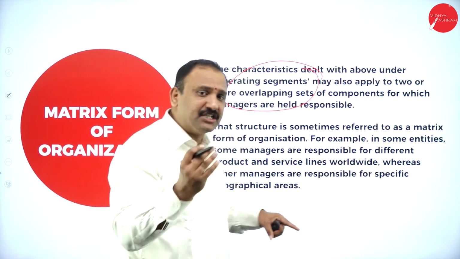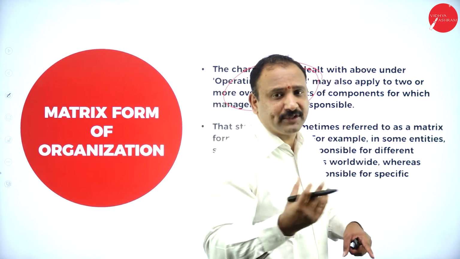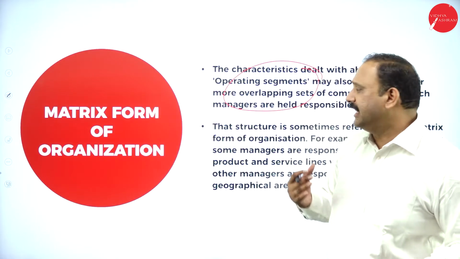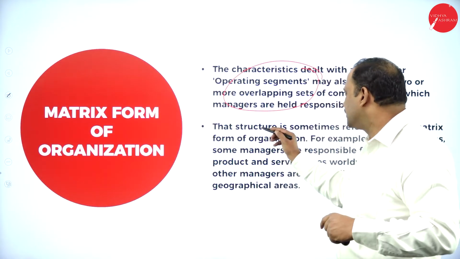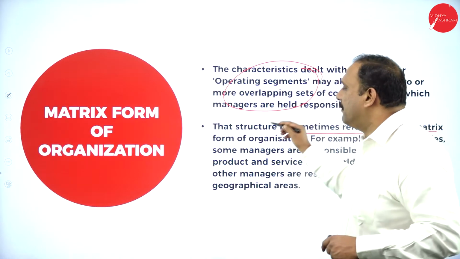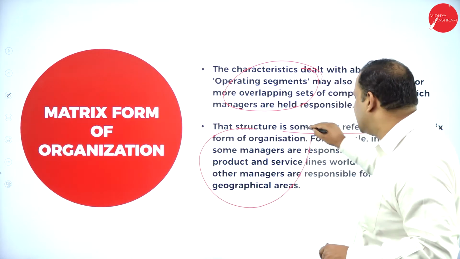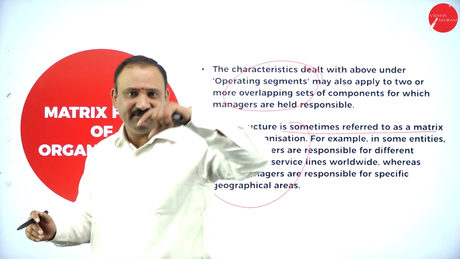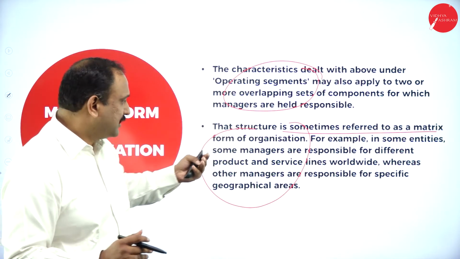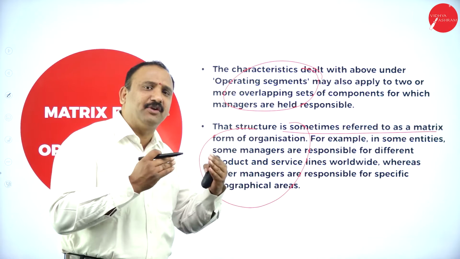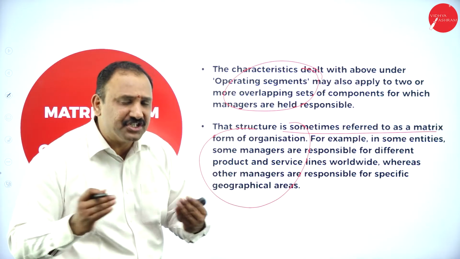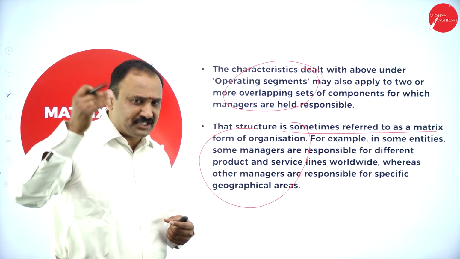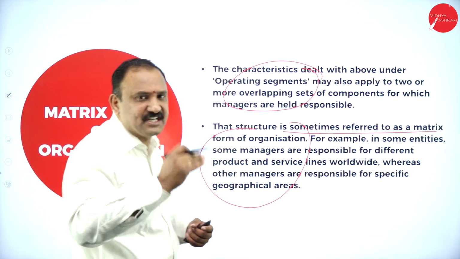So there are managers who are held responsible for the overlapping sets or the different factors that are overlapping. That structure is sometimes referred to as the matrix form of organization, where some managers report both at the Indian level and at the US level, and for different products and services you have to report to multiple managers, multiple leaders across the world, who are responsible for the specific geographical area's service delivery.